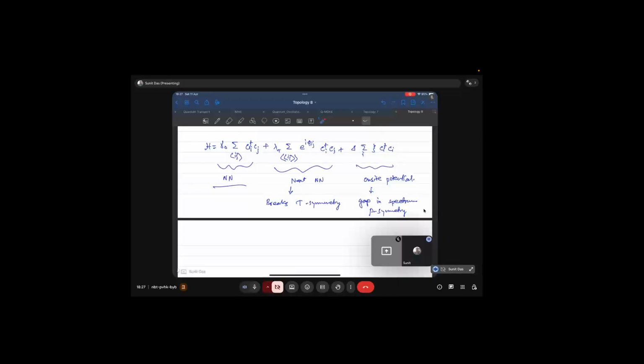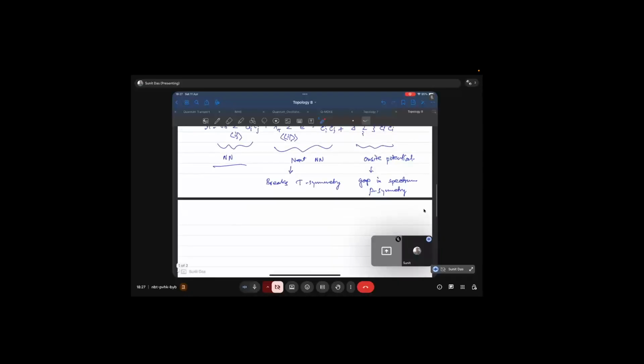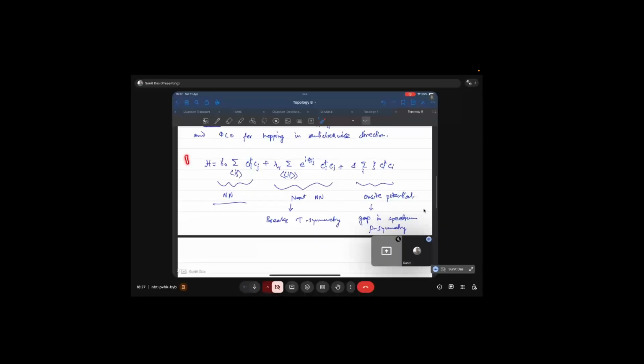So this was the model introduced, and if we do it in k space, this is the real space model. This is a Hamiltonian in real space, and it is a tight binding Hamiltonian. If we go to momentum space by Fourier transforming this, we will get the Hamiltonian in the following form.